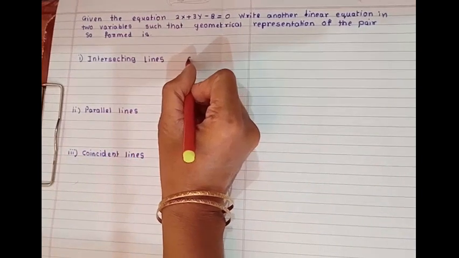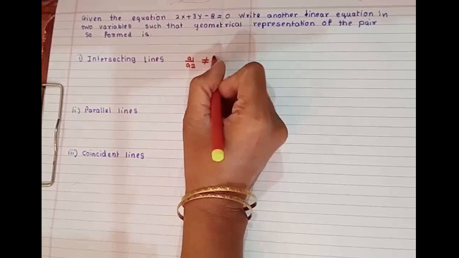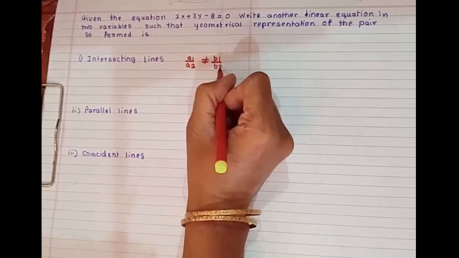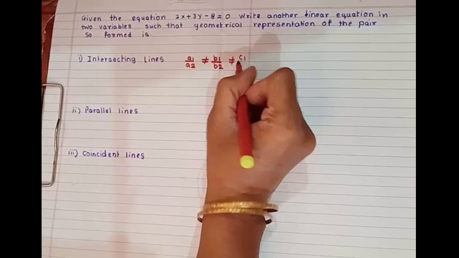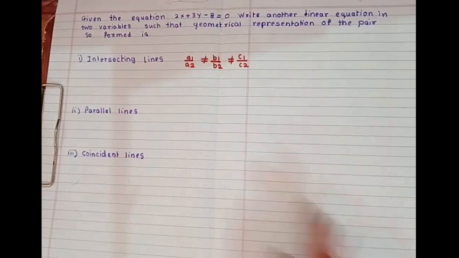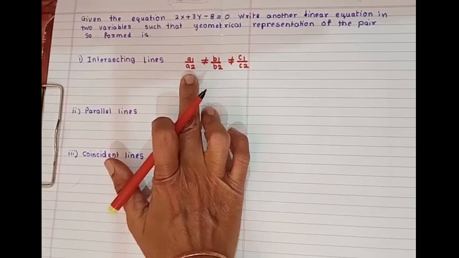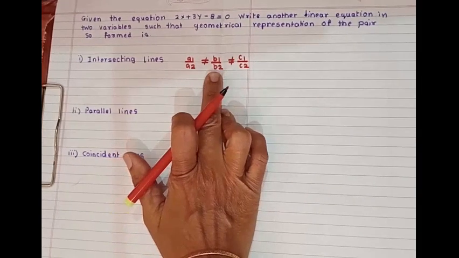Do you remember? a1 upon a2 not equal to b1 upon b2, not equal to c1 upon c2, or it may be equal to, but doesn't matter. Constant doesn't matter. So what you have to write? The second equation where your a1 a2 ratio is not equal to b1 upon b2.